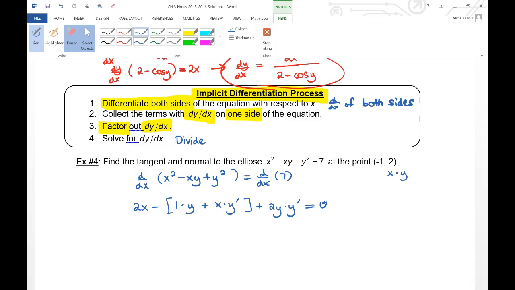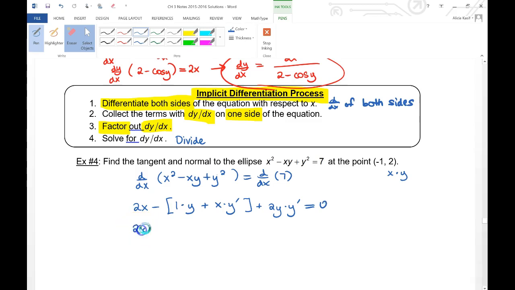Plus, now we're going to keep the x times the derivative of y. It's just like treating xy as its own function, using the product rule.